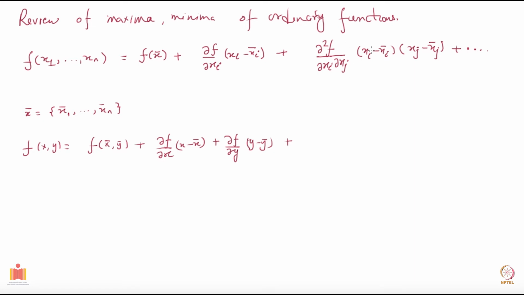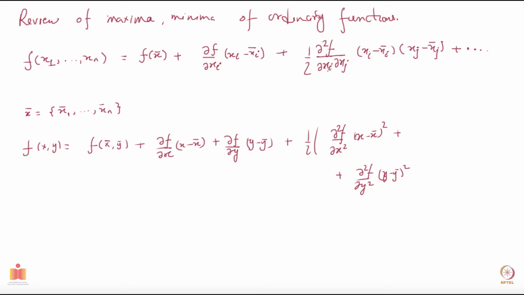And here you have three terms. When xi is x, it gives you del 2 f over del x squared. So there should have been a factor of half here which I missed, so you get half del 2 f over del x squared, times x minus x bar squared. Then you get the second term, del 2 f over del y squared, times y minus y bar squared.